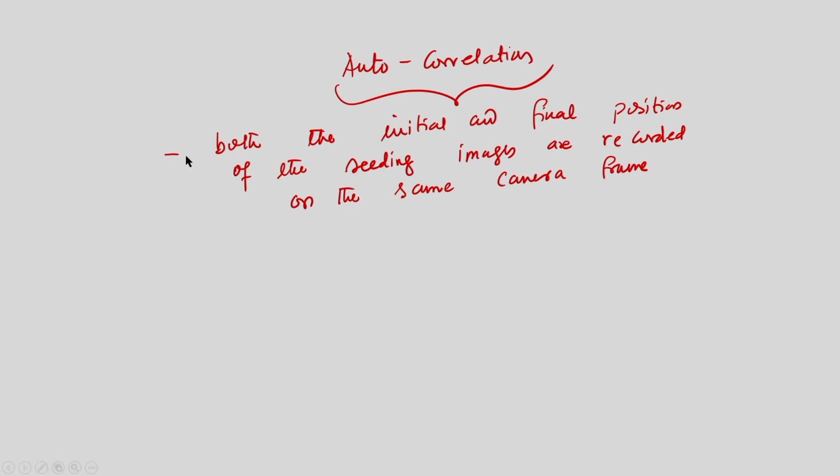That means, from this statement it is clear that we are capturing the initial as well as the final position of the seeding images on the same camera frame. If we capture the seeding images on the same camera frame, it is very difficult to mark which is first and which is the second.